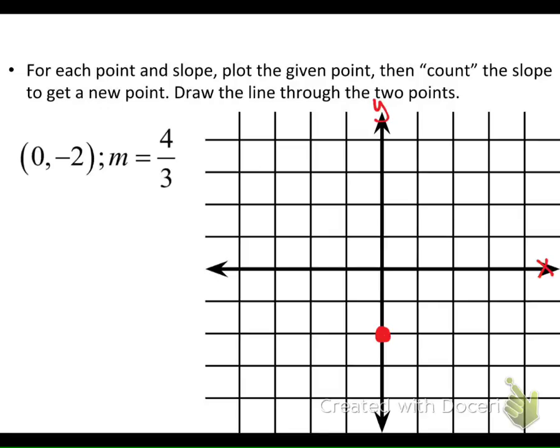To do that, I start at my y-intercept. If I'm finding my rise first, how many spots do I count up? 4. So I'm going to go 1, 2, 3, 4. Then what's my run? 3. So I'm going to count over 3. And that's where I plot my second point.